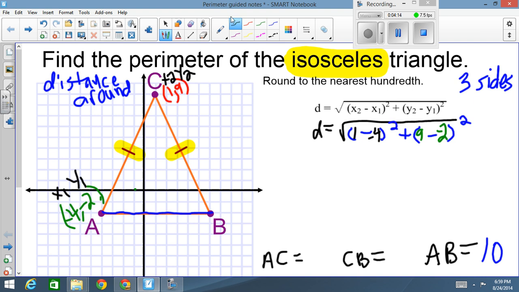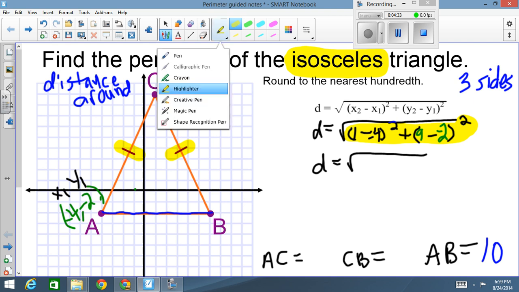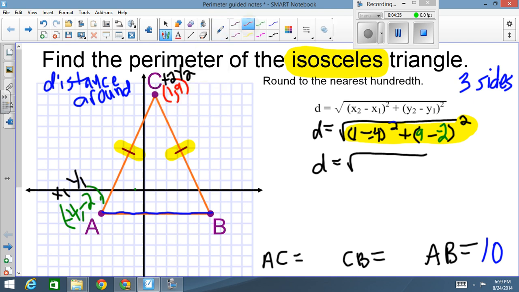Now hopefully from earlier in the unit when we talked about doing these, you took my advice and said, okay, I can put all of this stuff that's under the radical in my calculator without the radical. Now I don't even have a calculator handy here, so we're going to do it on this end without a calculator.